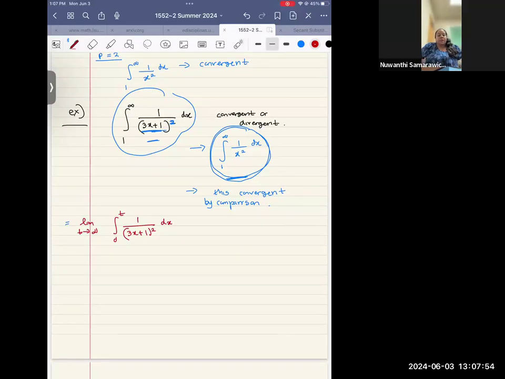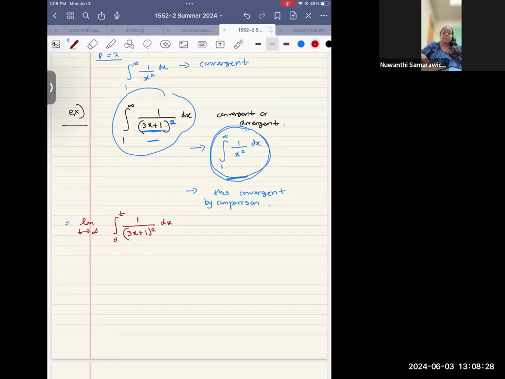Can you use your integration substitution knowledge to find this? What technique do we use?